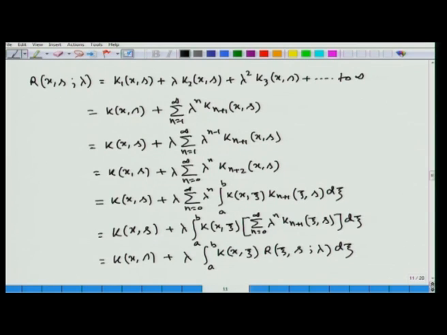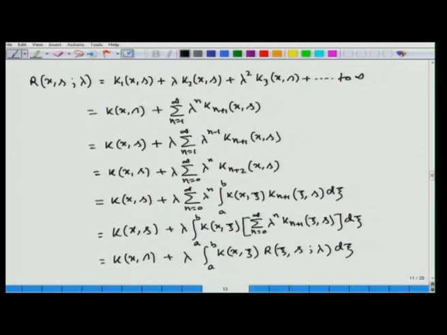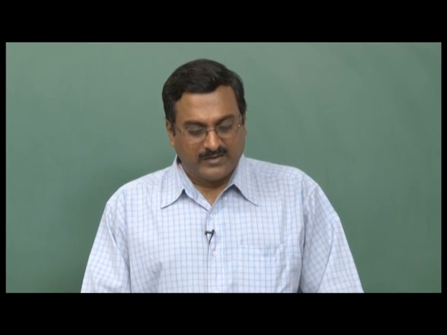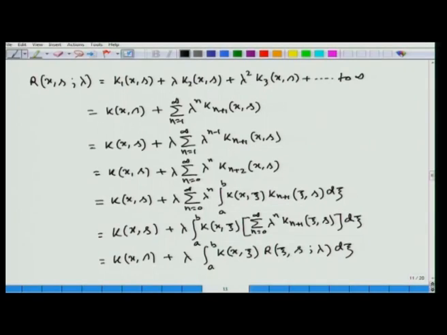So, the solution of the Fredholm integral equation, the given equation was y(x) equal to f(x) plus lambda integral a to b K(x, s) f(s) ds. This was the solution of the Fredholm integral equation. Now, here this y is replaced by R(x, s; lambda) and f is replaced by K(x, s). So, therefore, you can see this resolvent kernel satisfies a similar type of integral equation. This is one important observation.